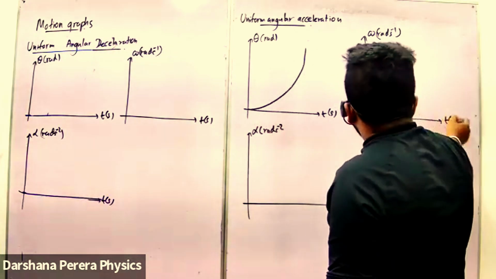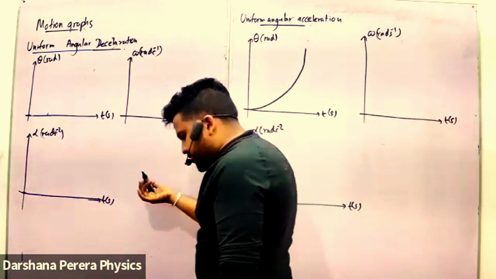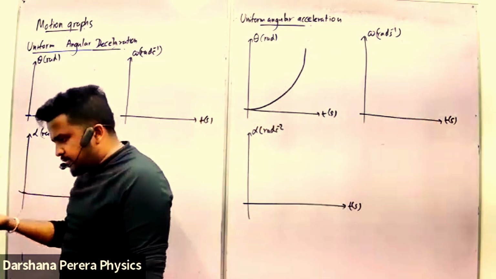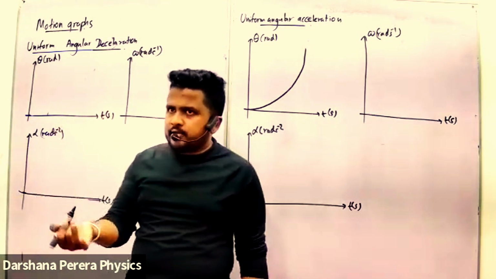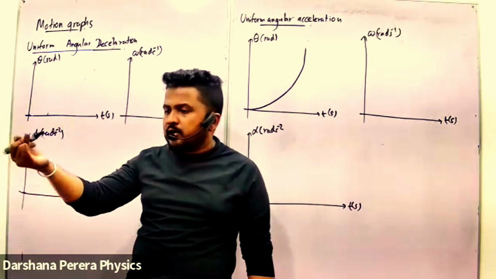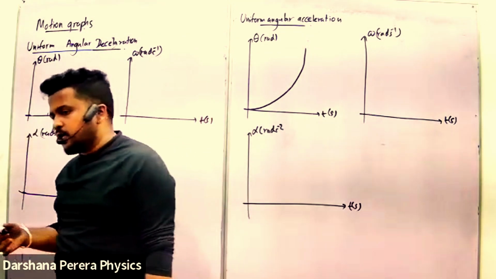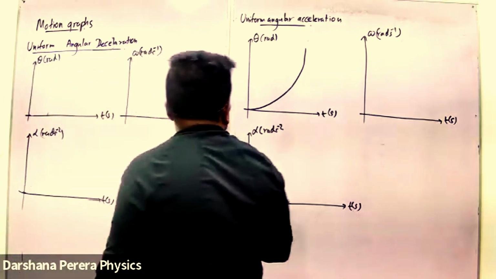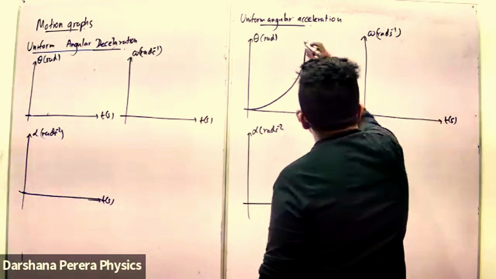What is the gradient of the omega t graph? The gradient is equal to the acceleration. Which acceleration? Rotational acceleration, angular acceleration. Therefore, the gradient should be the same. Why?